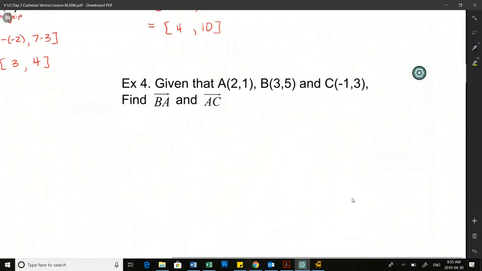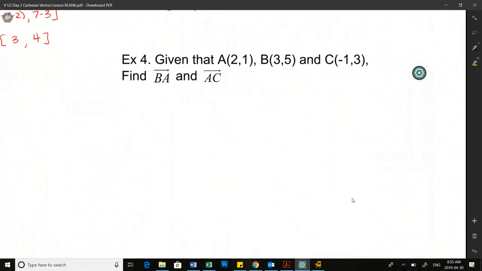Okay, so here we're given 3 points. We want to find BA and AC. So remember, guys, when we express vectors in this notation, let's talk about BA. Which one's the tail and which one's the tip? B or A? B, yeah. Okay, so B is our tail, and A is our tip in this case.